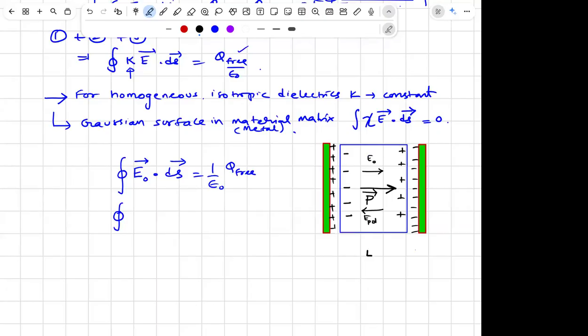So this E due to polarization can be given as, just now I have given one relation. What is that relation? P bar is, okay.